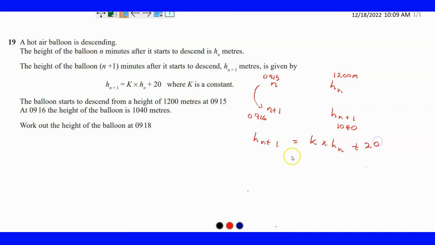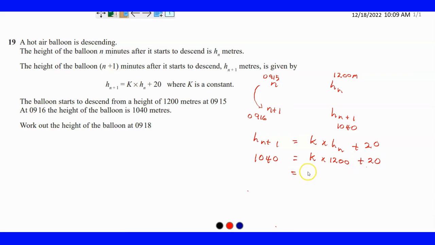So we are finding k. We have 1040 equal to k times the original height, which was 1200 meters, plus 20.